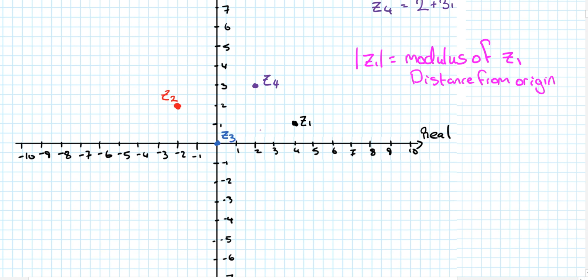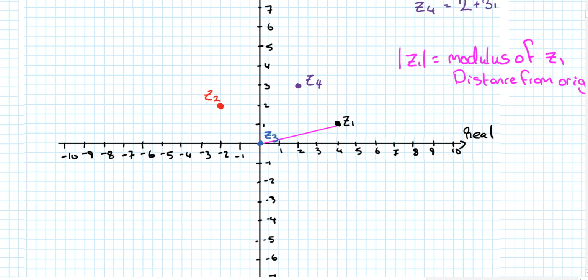You might notice that we have a right angle triangle here. See the right angle right here? If I want to find this length, which is directly opposite the right angle, this is called the hypotenuse. So we can use Pythagoras' theorem, which leads us to a formula for modulus.